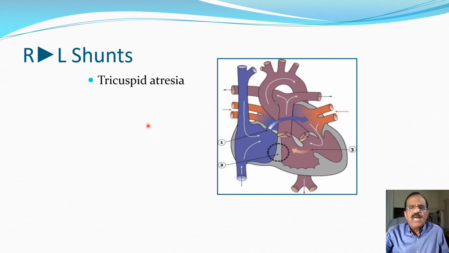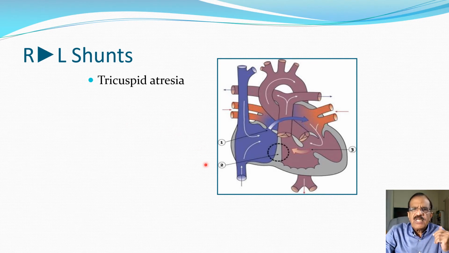First of all, let me explain that the sequence with which these conditions will appear does not reflect their commonness or their importance. I just thought that in a certain anatomical sequence, it will be easy to remember them.